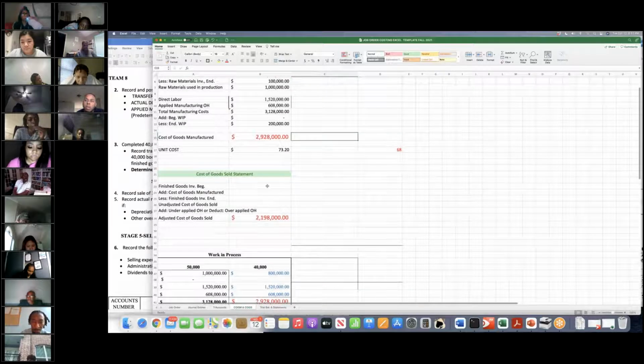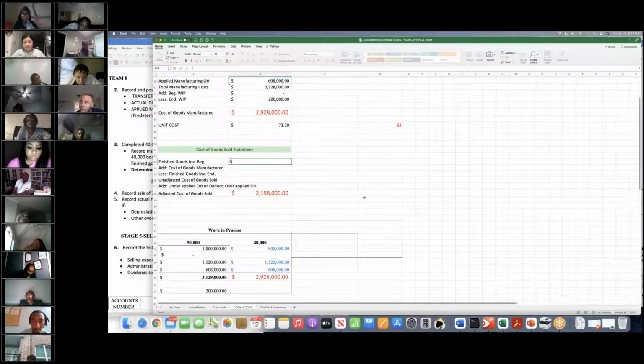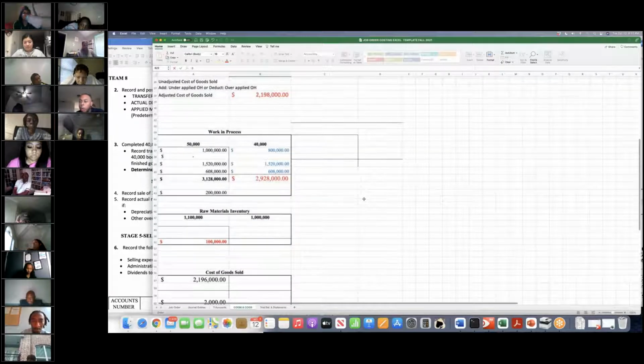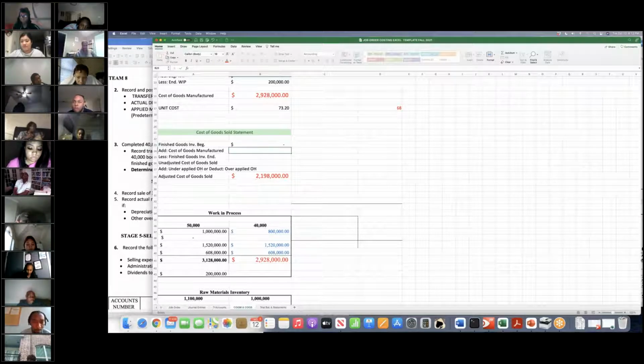Okay, we didn't have any beginning finished goods inventory. Go to cost of goods sold, cost of goods manufactured is going to be this number here.